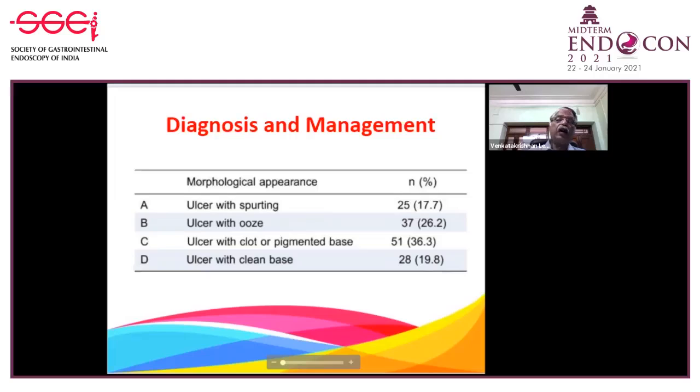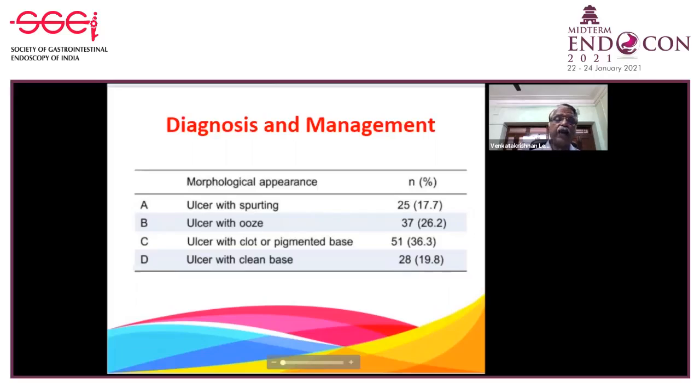It certainly has a prognostic implication, as shown by the study, that patients with A or B had a higher mortality, and we need to consider different types of therapy to prevent rebleeding from these ulcers, apart from endoscopic therapy.